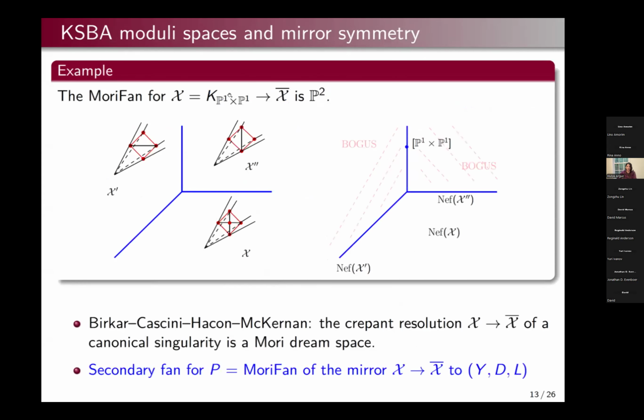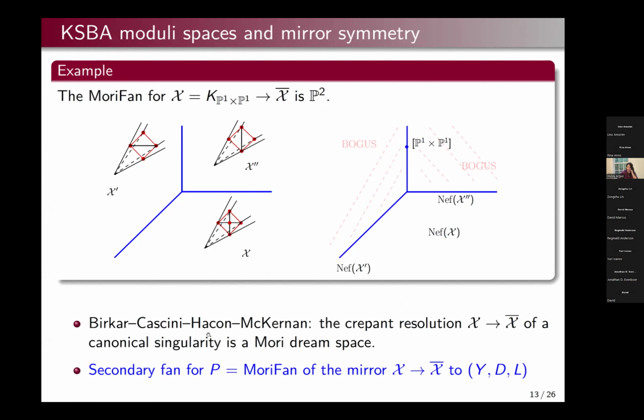In this situation of this diamond-shaped singular del Pezzo of degree 4, one can show that the Mori fan is indeed P2. And it is shown in the work of minimal model people, Birkar, Cascini, Hacon, McKernan, that if you have a crepant resolution of a canonical singularity, this is always going to be a Mori dream space.